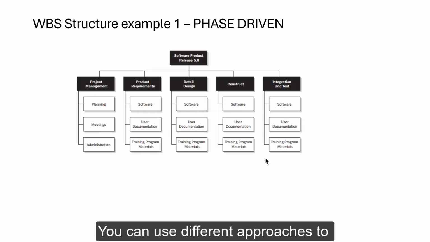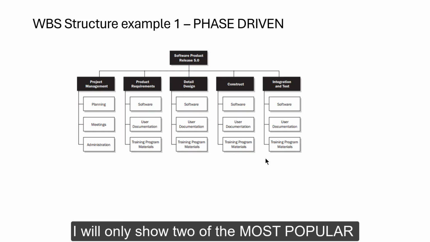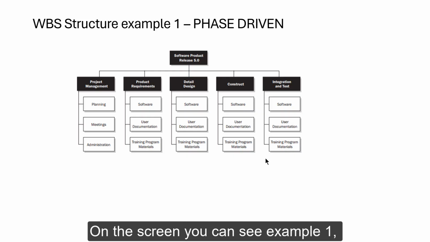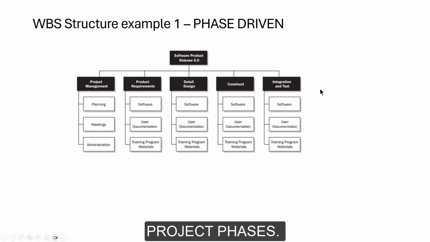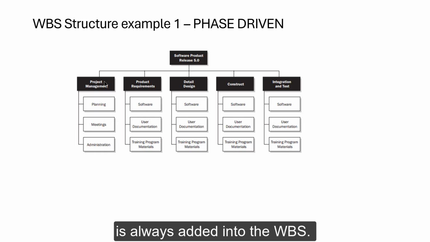You can use different approaches to design the WBS structure. I will only show 2 of the most popular designs. And on your screen now, you can see example 1 where the WBS is structured by project phases. These are the different phases of the project. Notice that project management is always added into the WBS. This is one of the rules.